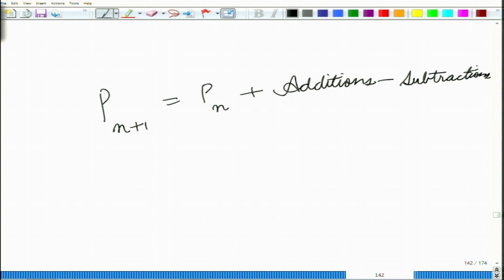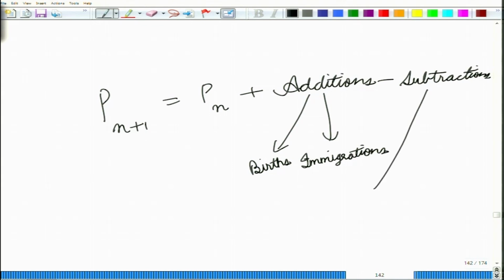So you have some animals that are getting added. Addition can be because of births, or they can be because of immigrations, and subtractions similarly can be because of deaths. So some organisms are dying off, or they can be because of emigrations.